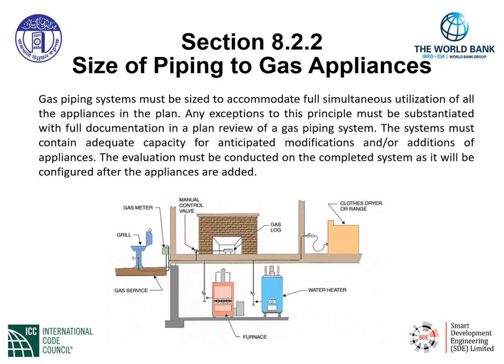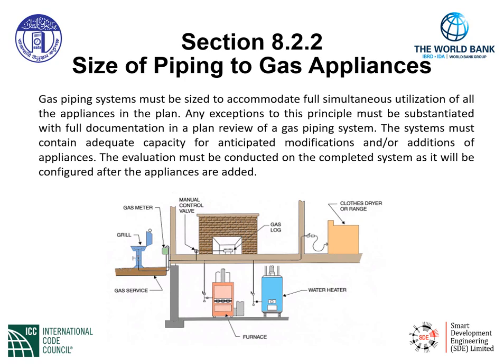Out of the meter set, it supplies the consumer's or customer side of the system. The gas piping is run to all outlets that need to supply appliances as installed.